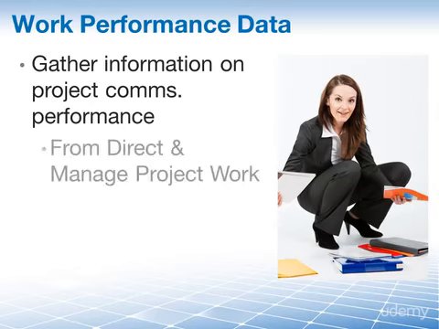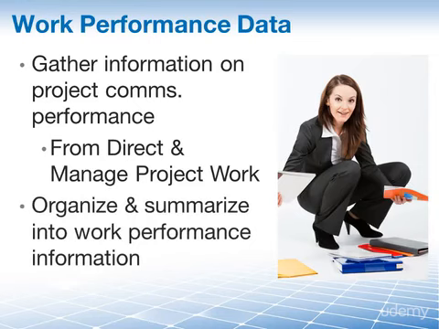For instance, work performance data are the output of the direct and manage work process in project integration management. In addition, work performance information is an output from project scope management, project time management, and project cost management. So we get this information from over there. We see later on, when we go through the outputs, how the work performance data is then organized and summarized as work performance information.